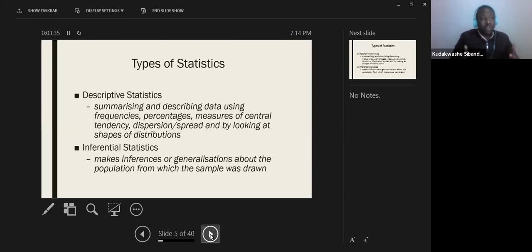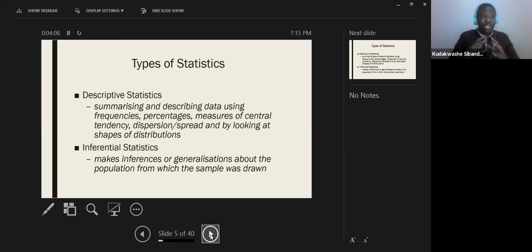let's talk about the types of statistics. The first type of statistics is what we call descriptive statistics. The term itself is self-explanatory, right? It's statistics that talks about describing. So in other words, when you are using descriptive statistics, you are summarizing and describing data, and you summarize and describe data using what are called frequencies, percentages, measures of central tendency, and dispersion.